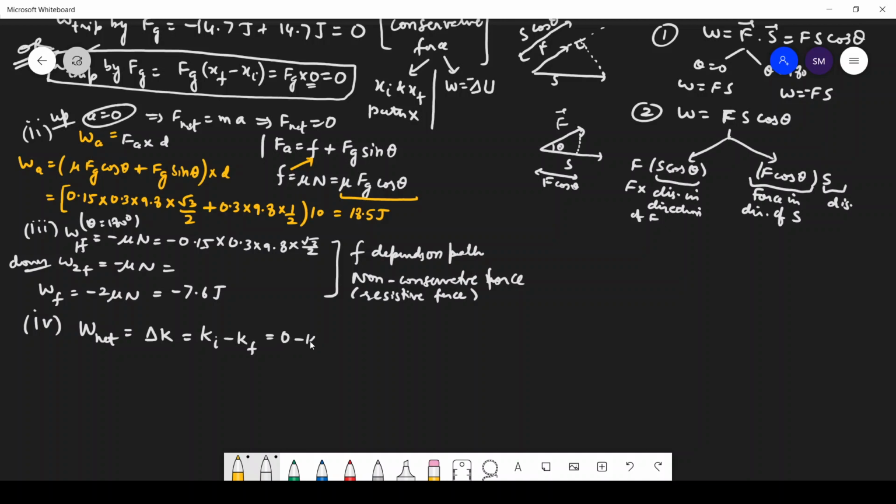So 0 minus kf, that's the net work. So what's the net work done? Work done by gravitational force plus work done by applied force plus work done by friction force, that's equals to minus kf, final kinetic energy.